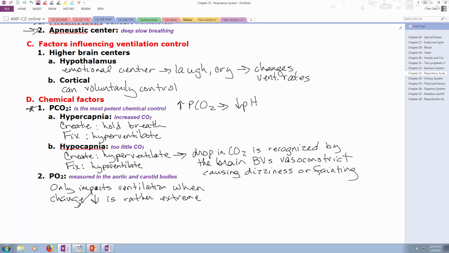What are you going to try and do to up your pH if you have diabetic ketoacidosis? You will blow off your CO2. So the ventilatory rate for people with DKA is actually pretty high, but they're still acidotic, because even though they're blowing off all the CO2 to raise their pH, if they're still acidotic, that means that the kidneys are not able to actually kick in rapidly enough to compensate, and so that's why medical intervention is necessary.